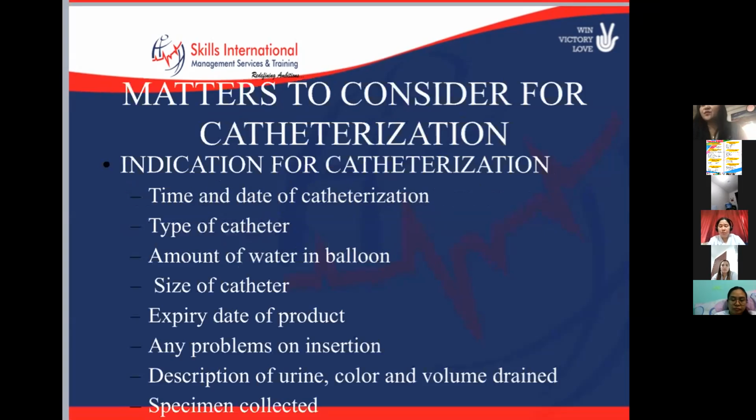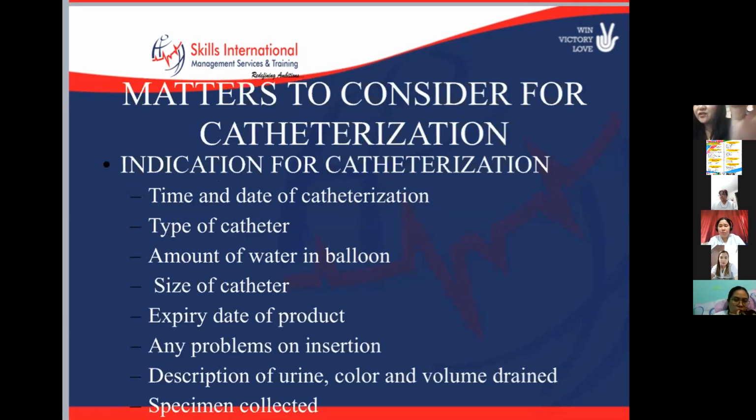There are matters to consider for catheterization. The indication for the catheterization, and the time and the date of catheterization. You have to take down notes of what type of catheter you use for the patient.